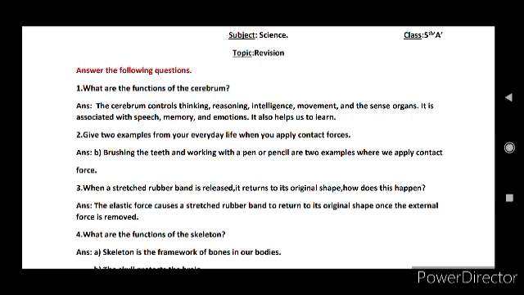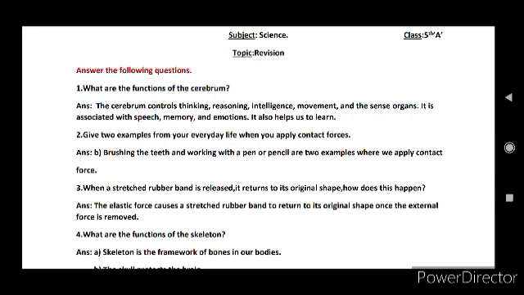Next, the second question: give two examples from your everyday life when you apply contact forces. Brushing the teeth and working with a pen or pencil are two examples where we apply contact forces.